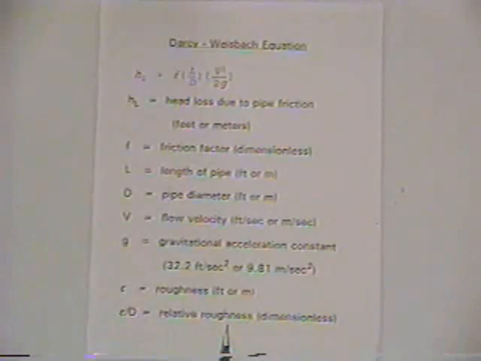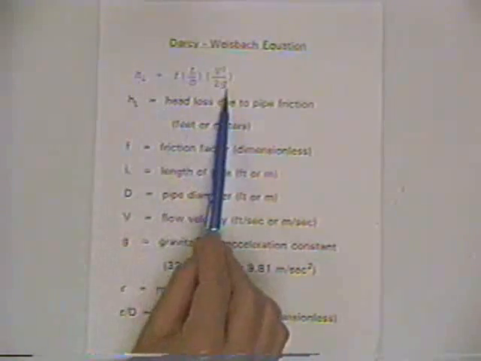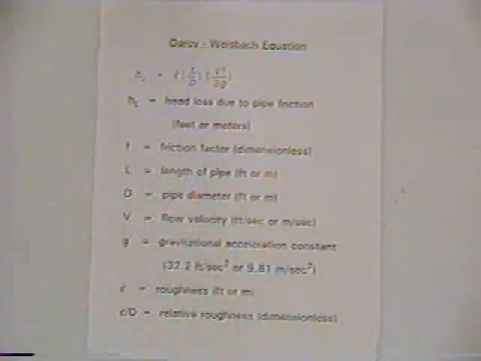So head losses are a function of both the pipe characteristics and the flow characteristics, and the way we're going to characterize the pipe is there's an epsilon, which is a function of the type of pipe, and that's the absolute roughness, and then the relative roughness is epsilon over d. And so we want to be able to apply this equation, the Darcy-Weisbach equation, so the key term here is to be able to estimate the friction factor f. So we've got to focus our attention on this f here for a moment.